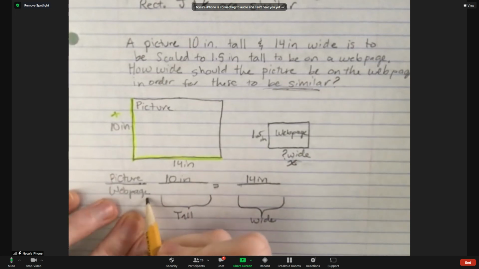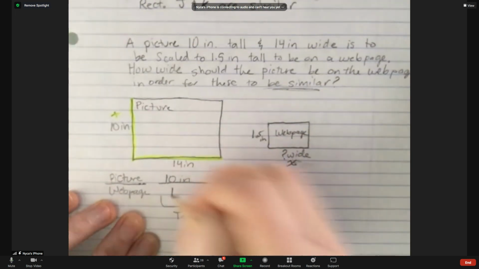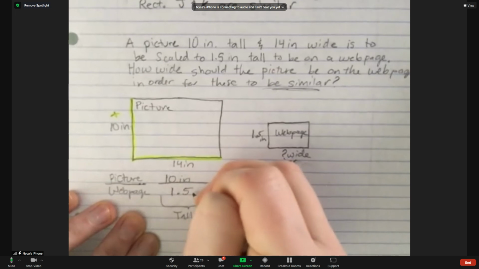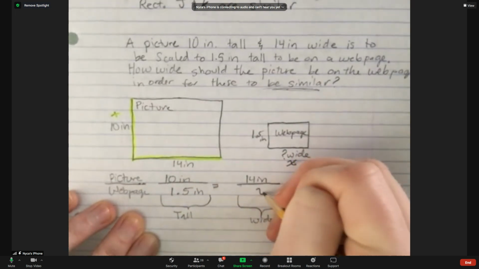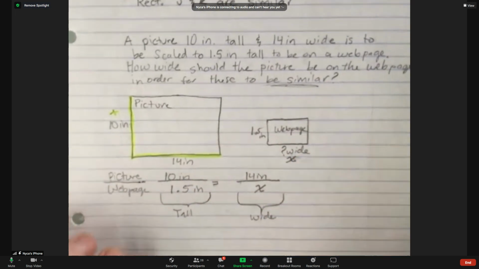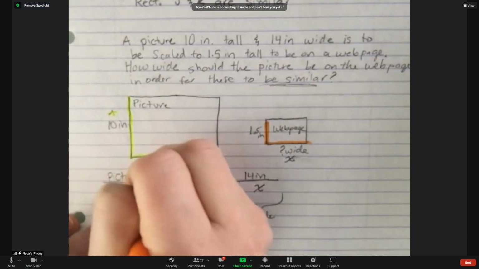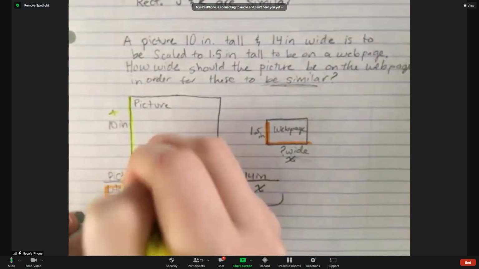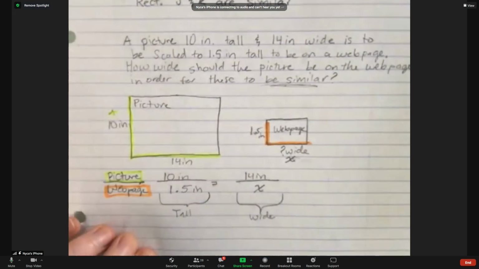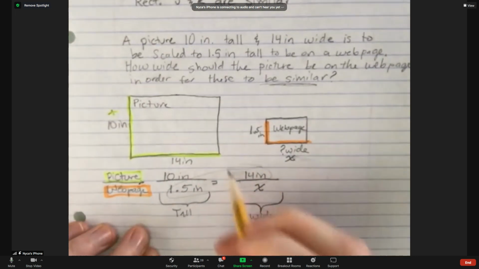Now I go to my web page and its height is 1.5 inches and its width is the x because that's what we're looking for. That's where I got these values, and your pictures are going to be up on top. Now, once you have this, you just do your simple cross products.